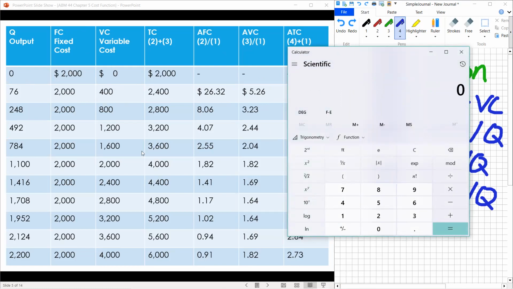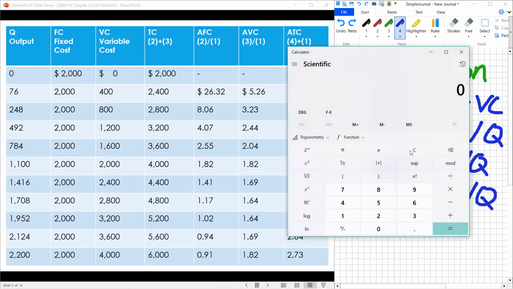As you can see, we have varying amounts under variable cost. It is not fixed. Let's solve the first. At a variable cost of 400, you just divide it by 76, and you'll get 5.26. So this is correct.